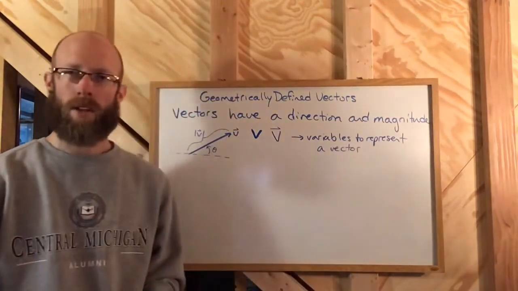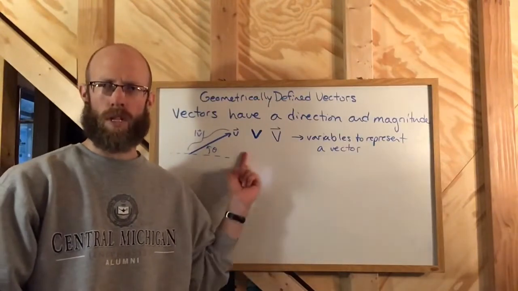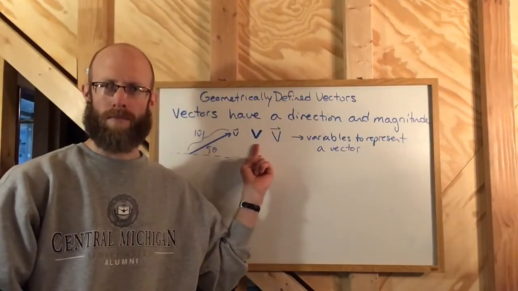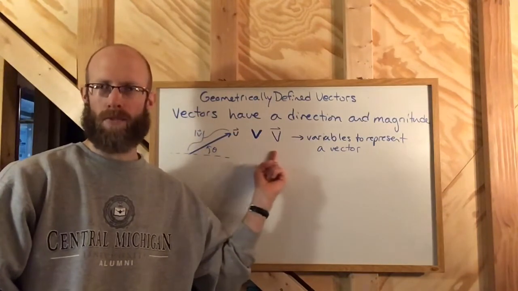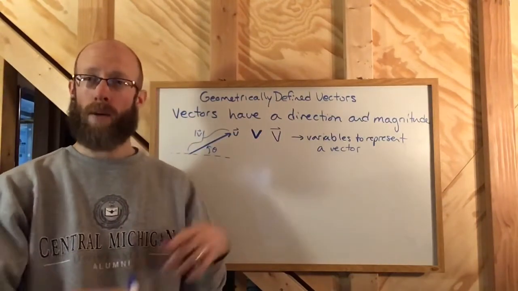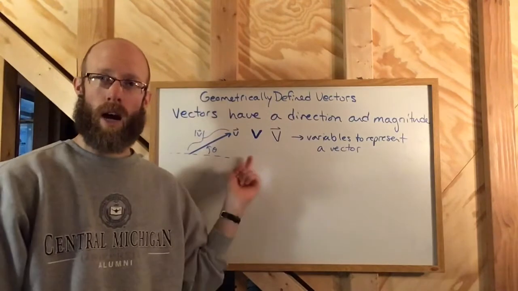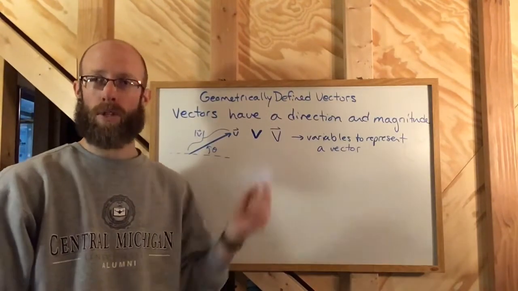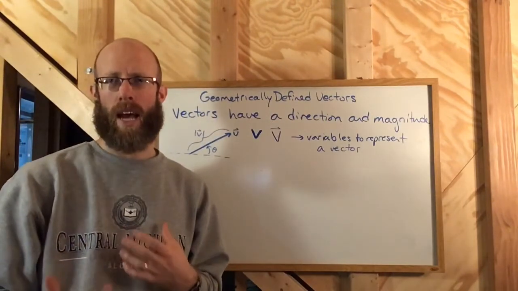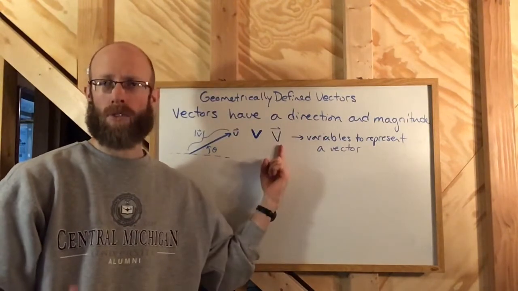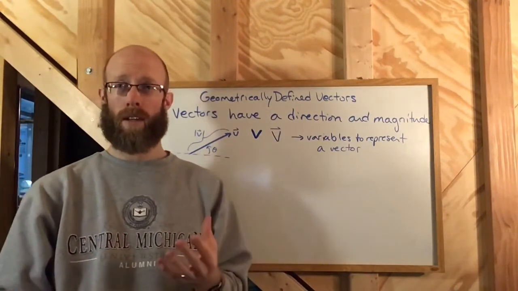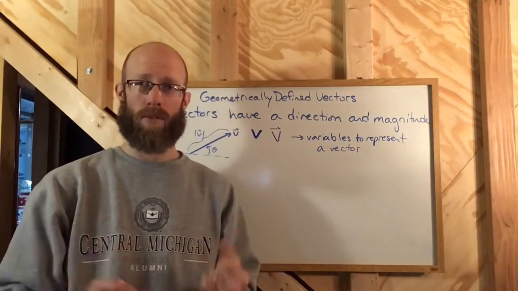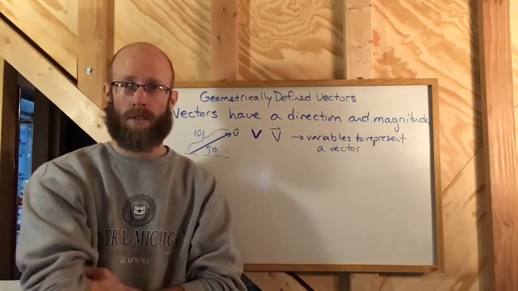Mostly in your textbook, you'll see the boldfaced one. On MyMathLab, you might see a combination of the two. When I'm writing at the board, I will tend to use the harpoon. And when I write tests, I also tend to use the harpoon, just to be consistent. But just note that you could see either of those notations to represent a vector.